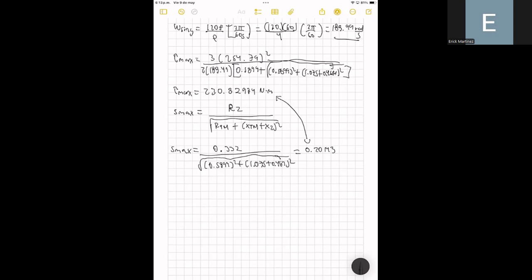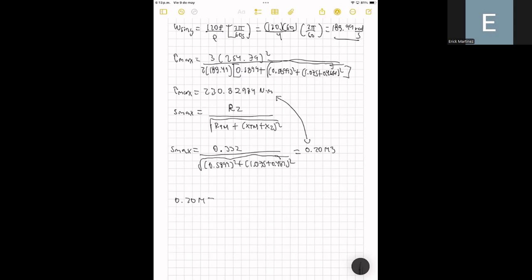Okay, and another point that we need to consider was to compute the speed at which this maximum torque occurs. So we have the value of the slip, that is 0.20142.